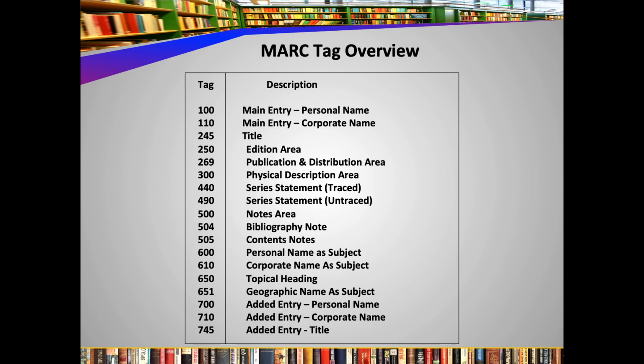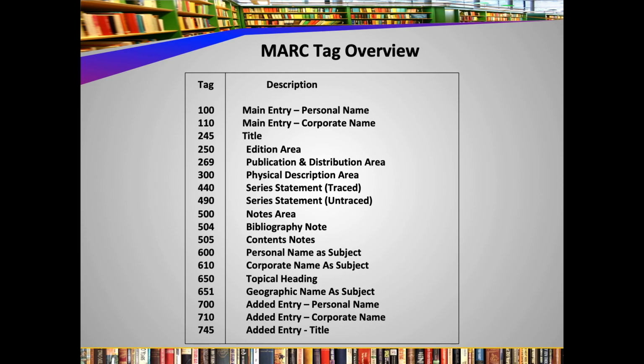This is the MARC tag overview. The numbers and codes field and variable data field are made up of tags, indicators, and subfield codes, as I mentioned just now. Tags are the 3-digit numbers from 001 to 999.